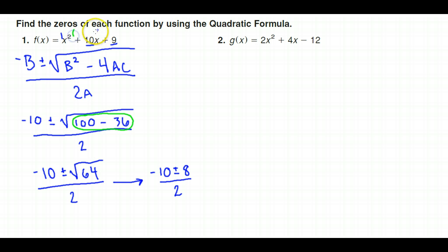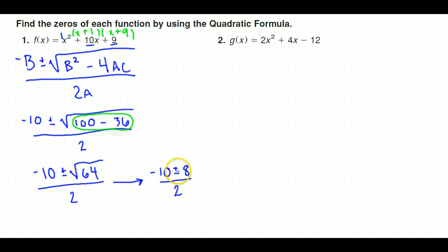However, if I was going to solve this, I would have factored this quadratic into its two factors, x plus 1 and x plus 9. And you know from previous lessons, if x plus 1 is a factor, then negative 1 is a root, or a 0. And if x plus 9 is a factor, then negative 9 is a root, or a 0.